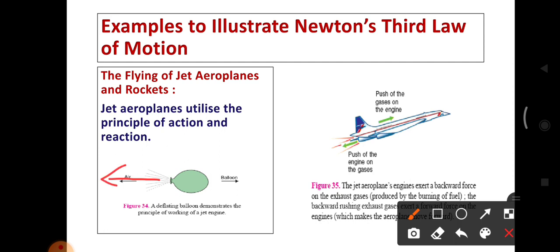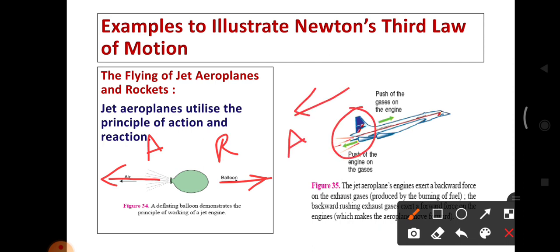Here the air comes out, so action. The balloon goes backward, reaction. In the same way, if you take a rocket, the fuel is burnt at the back, that is action. Due to that action, the rocket moves forward. This is a reaction.